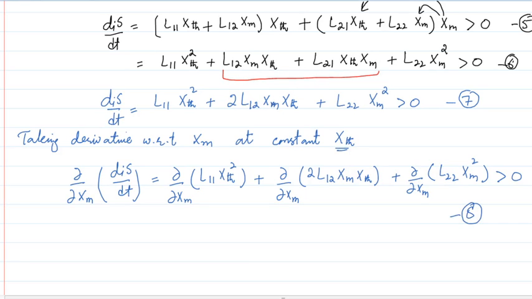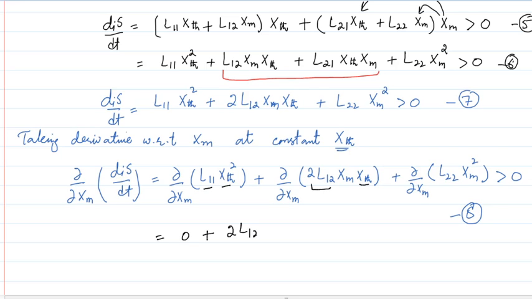So we have basically taken here a condition where this xth is constant. So if this is constant, this L11 is also constant, so its differential with respect to xm will be 0 plus, okay, this term twice L12 and xth, they are constant, they can be taken outside.